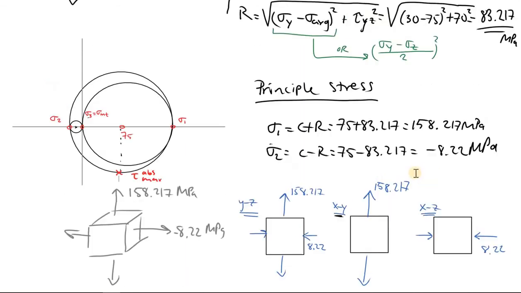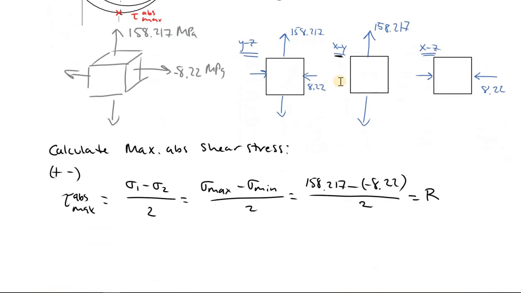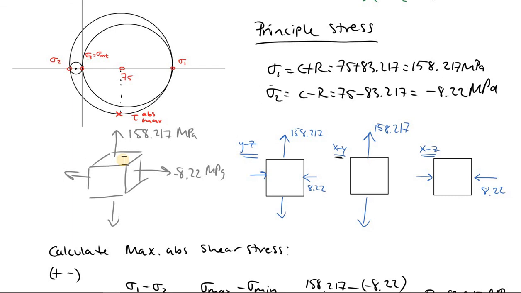So if we go up, I know that it's going to be 83.217. So we can either go through all the different steps, or we can quite easily and fairly quickly solve it graphically using the Mohr circle. And that sums up this question.